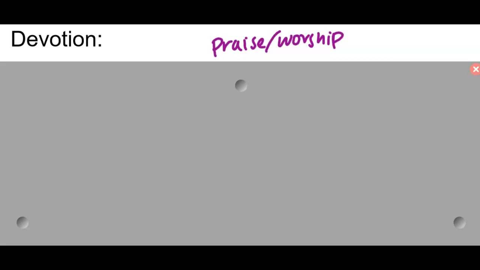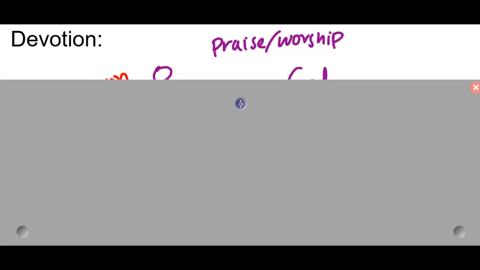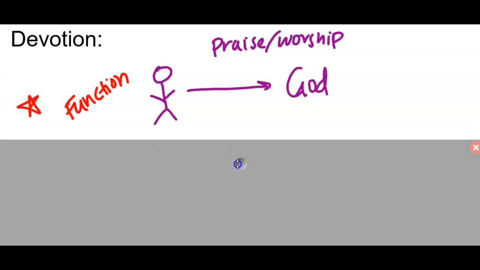Similarly, when we are worshiping God, if we are praising and worshiping through reading the Bible, through listening to Christian music, through praying and keeping a prayer journal, those all help us to function as good Christians.